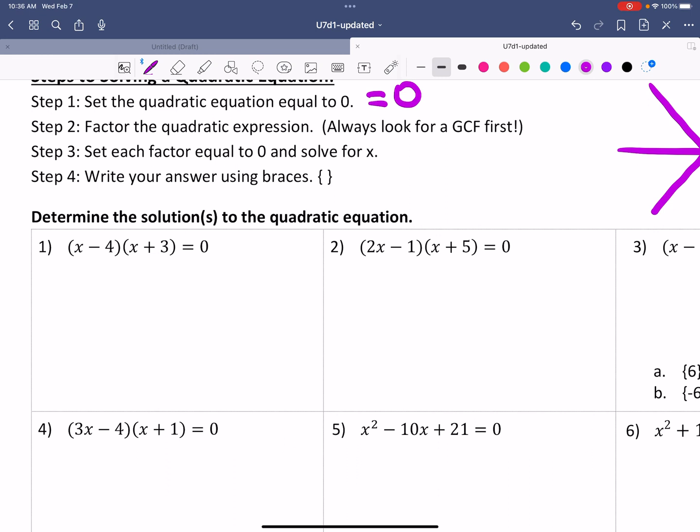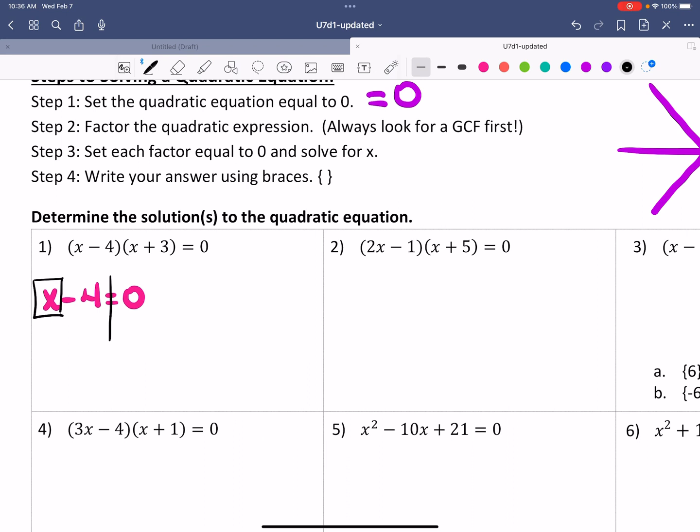This part is kind of new to us. It says to set each factor equal to 0 and solve for x. So we're going to take factor number 1, x minus 4, and we're going to set it equal to 0, and we're going to solve it for x. So we're going to bring back those old school steps where we're trying to isolate the variable, get x by itself. X is our target, so we need to remove minus 4.